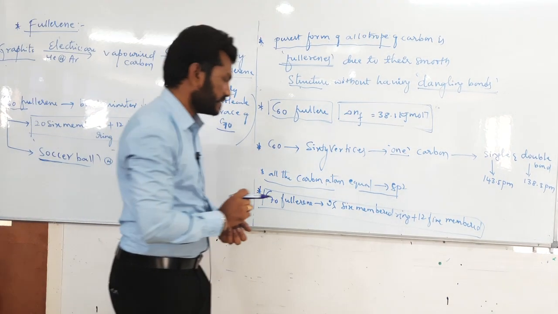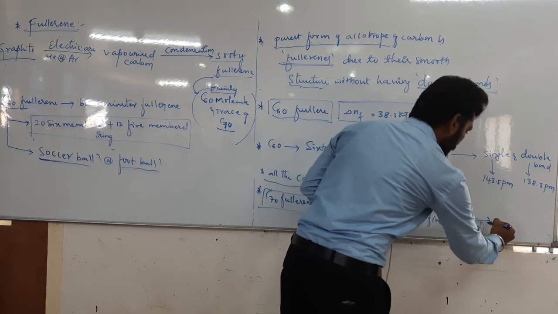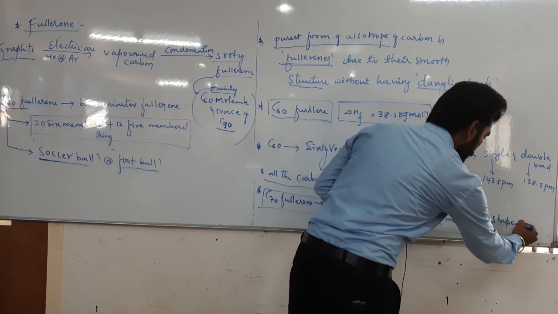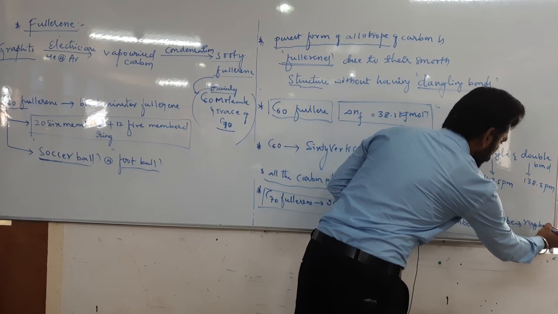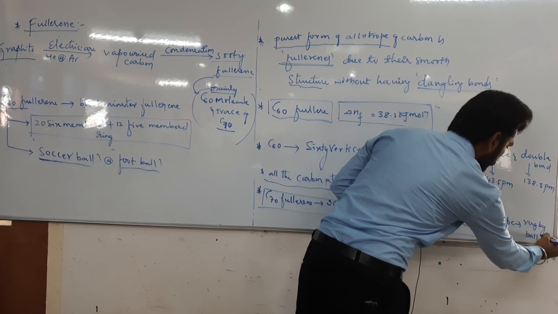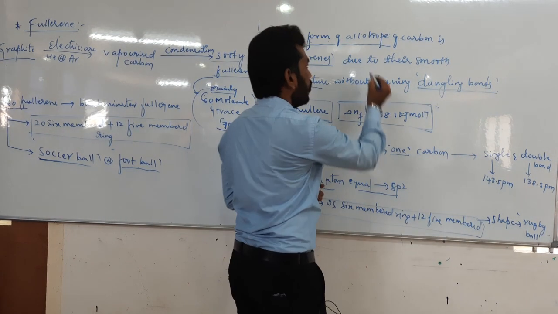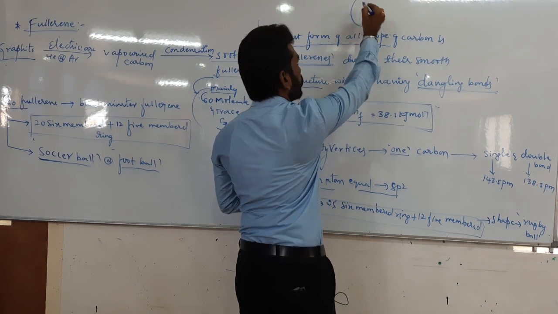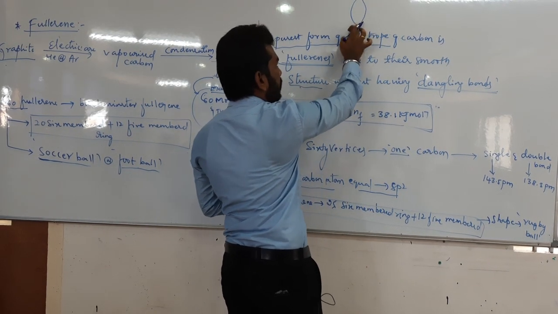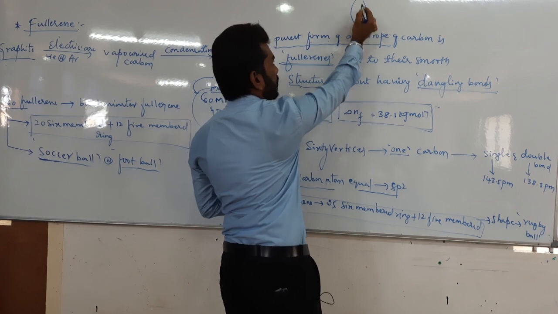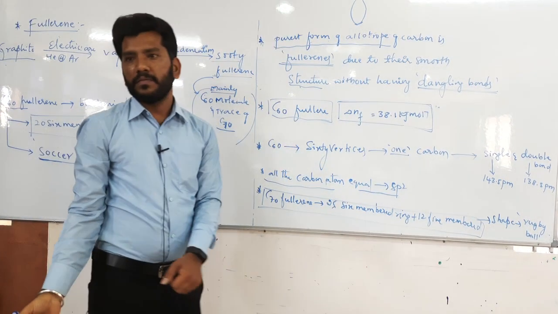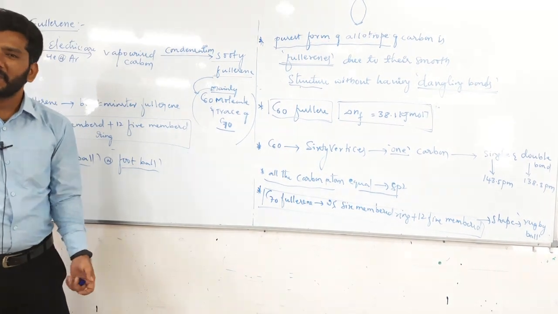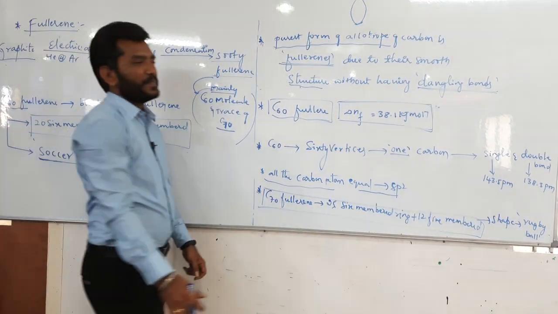So C70 fullerene has the shape of a rugby ball. Somewhat like a rugby ball, of course I think everyone knows. Okay? So it is in this form, a rugby ball, you must know. Okay?